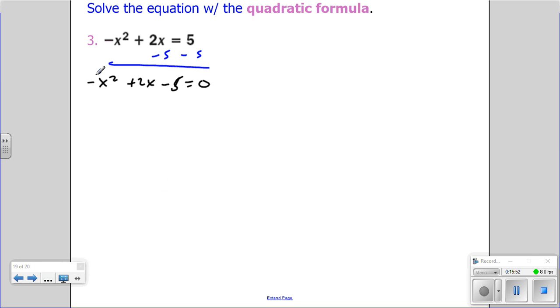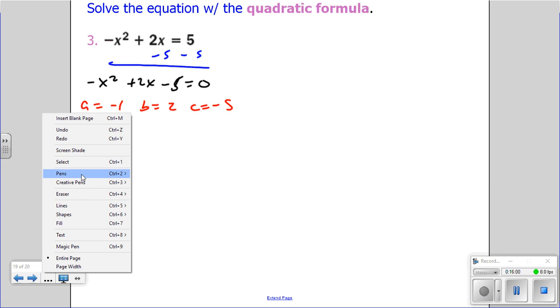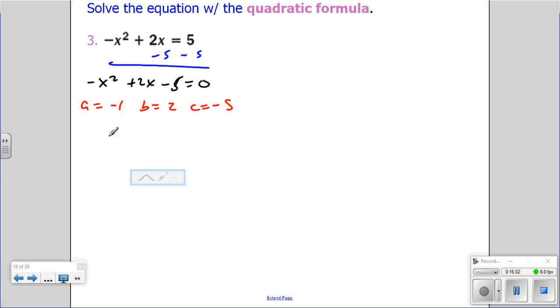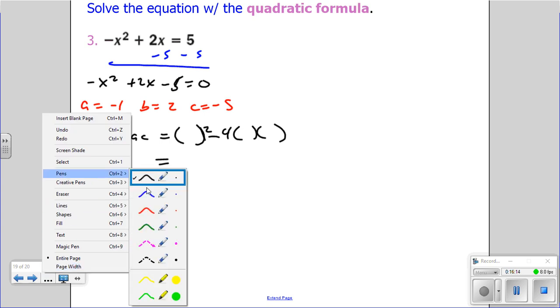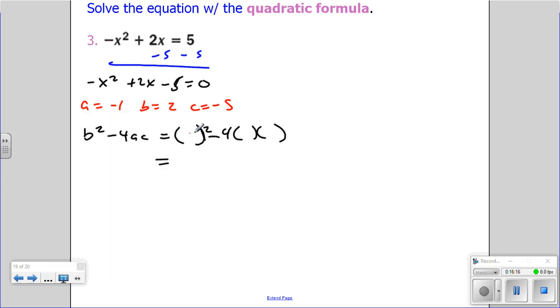So our ABCs, A is -1, B is 2, C is -5. So let's find our discriminant. B squared minus 4AC, where B is 2, A is -1, C is -5.